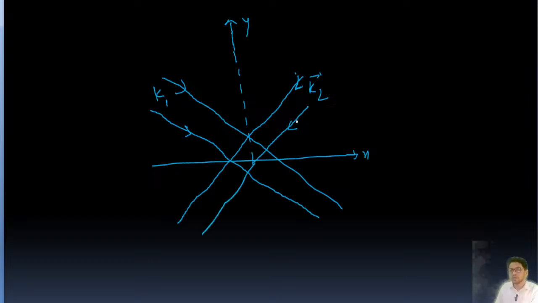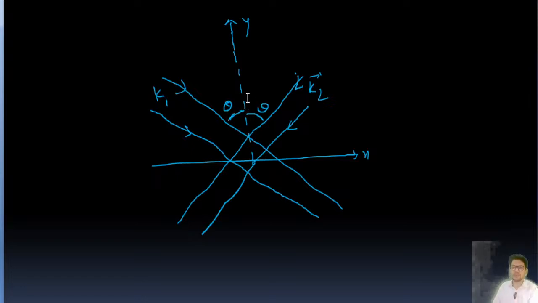So these are the wave vectors, and this is the y plane, this is x plane. This is the figure which is given, and this angle is theta, and this angle is also theta, and value of theta is 30 degree.